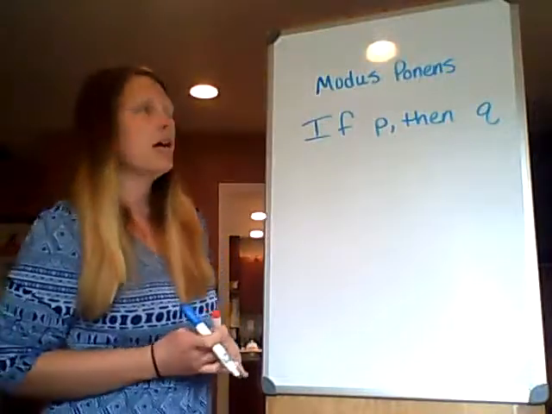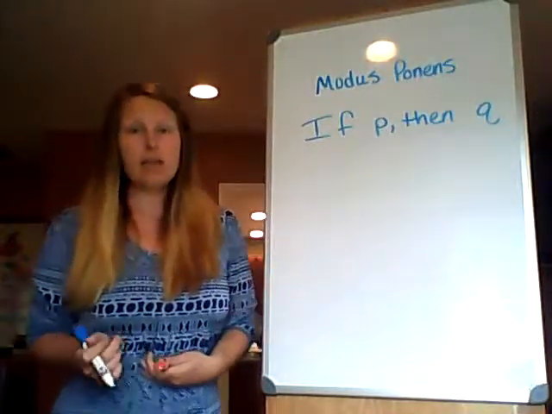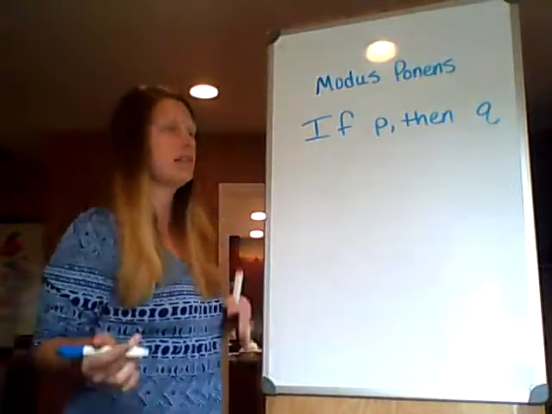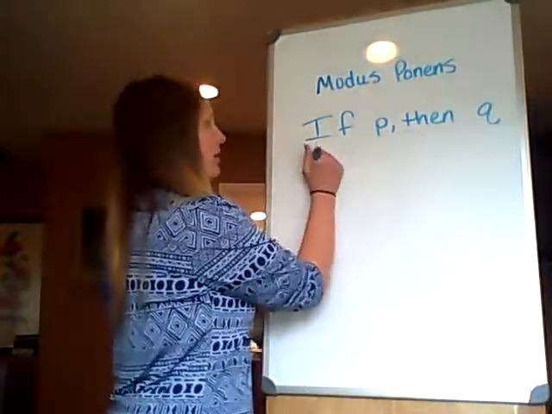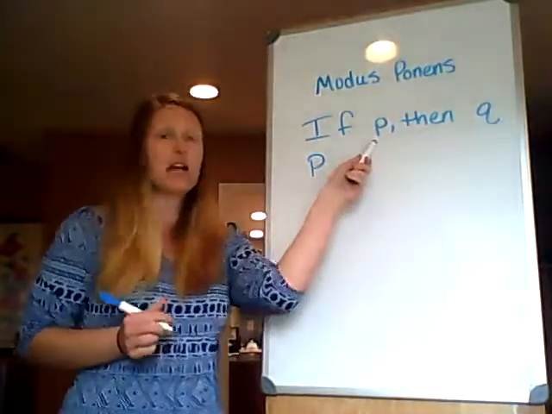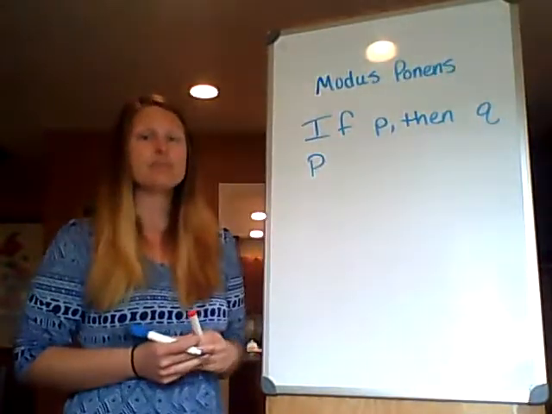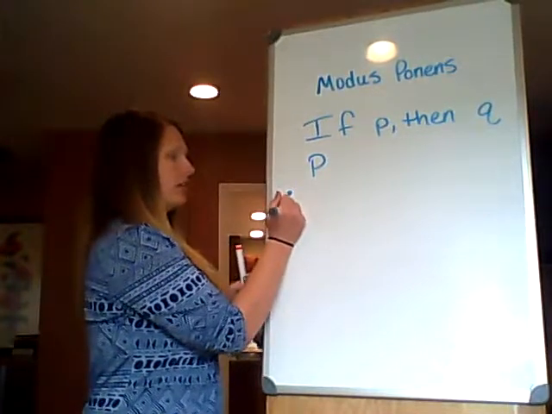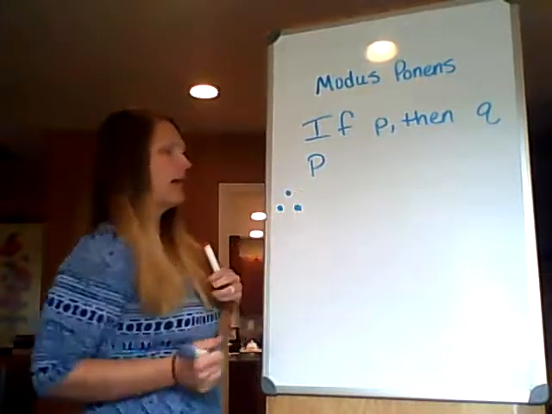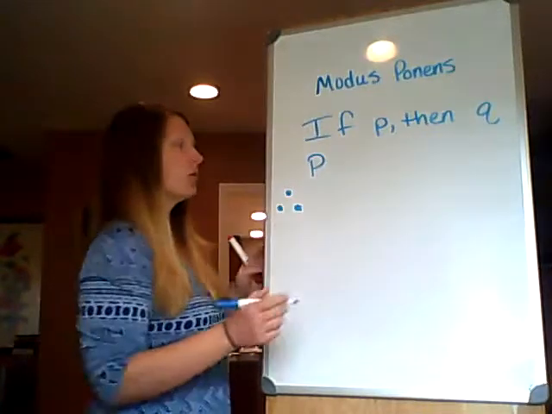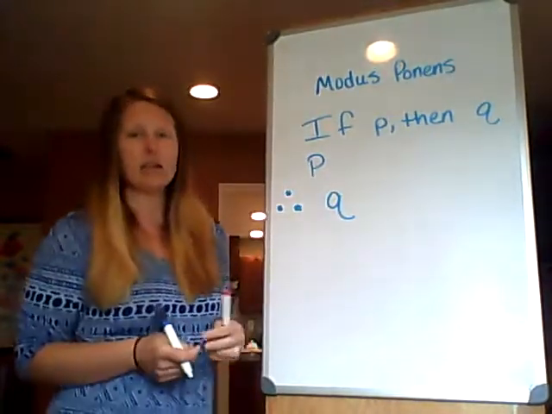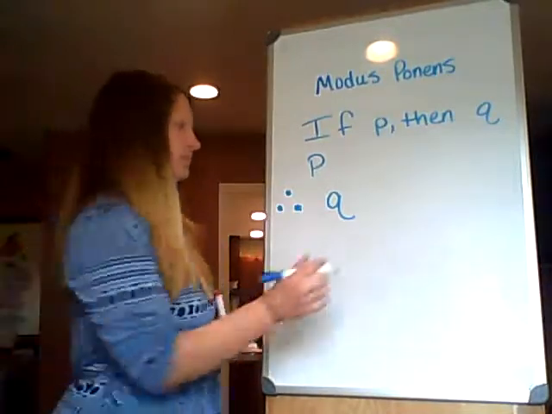Okay? My second premise is just going to be a statement, and I am going to say that P, this thing right here, actually did happen. So there are my 2 premises. Now my conclusion is, as a result, that means that Q necessarily must happen also.